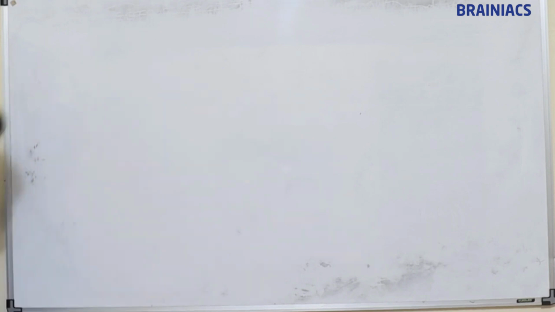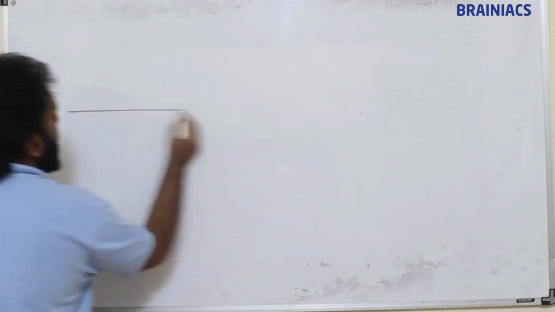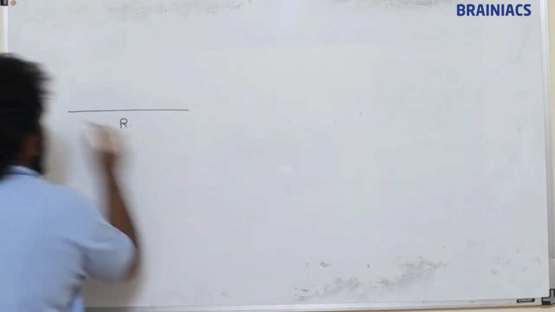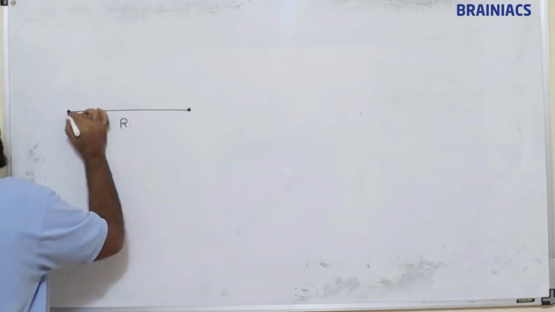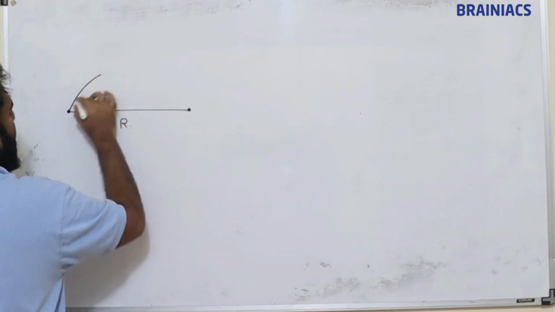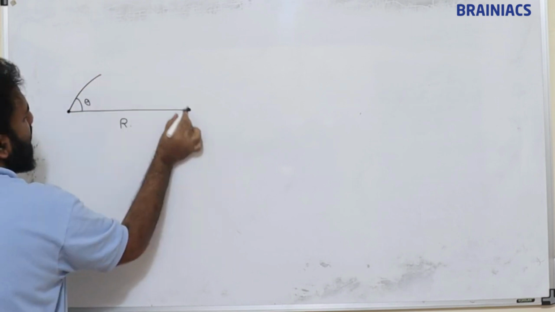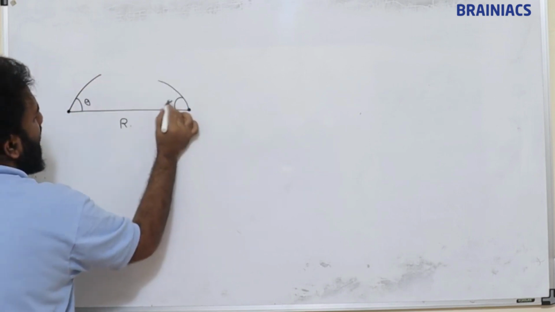So this third question, what answer are you getting? Suppose they are separated by their range. This is projected at an angle theta, this is also projected at an angle theta.